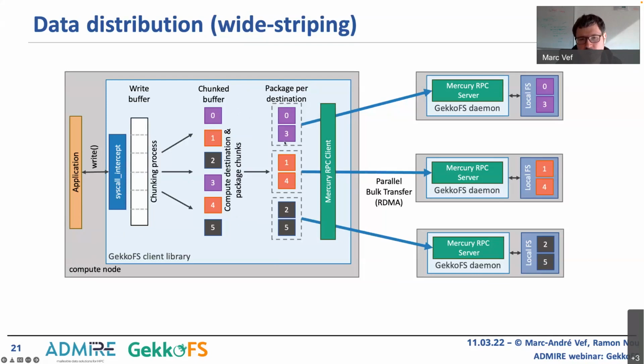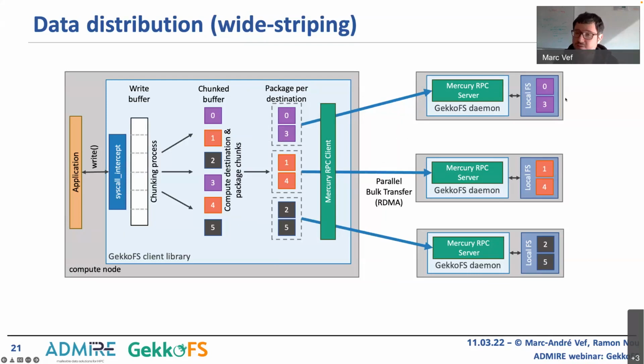This is happening here. And then these packages, consisting of possibly multiple chunks, are just sent in parallel to the daemons that are responsible for the specific package. All these chunks are handled in parallel. And then in the end, these chunks are just saved on the local file system.